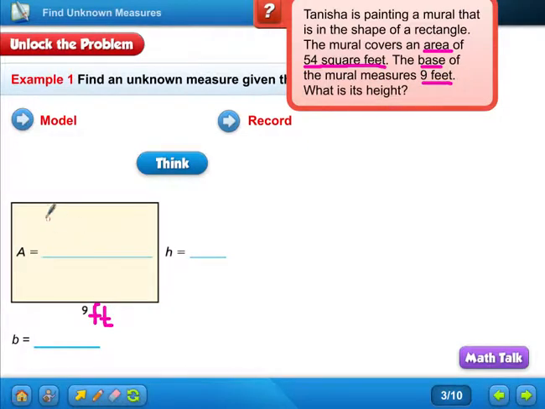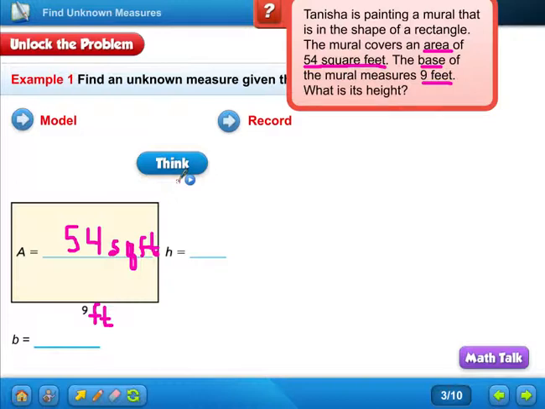And then we have, do we have a height? Not yet. But we do have the area is 54 square feet. Okay, so now what we have to do is try to figure out the rest of it.